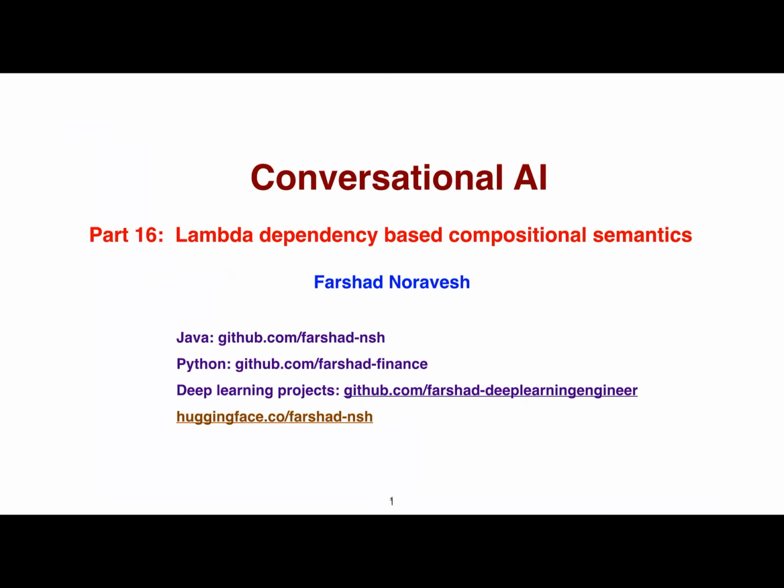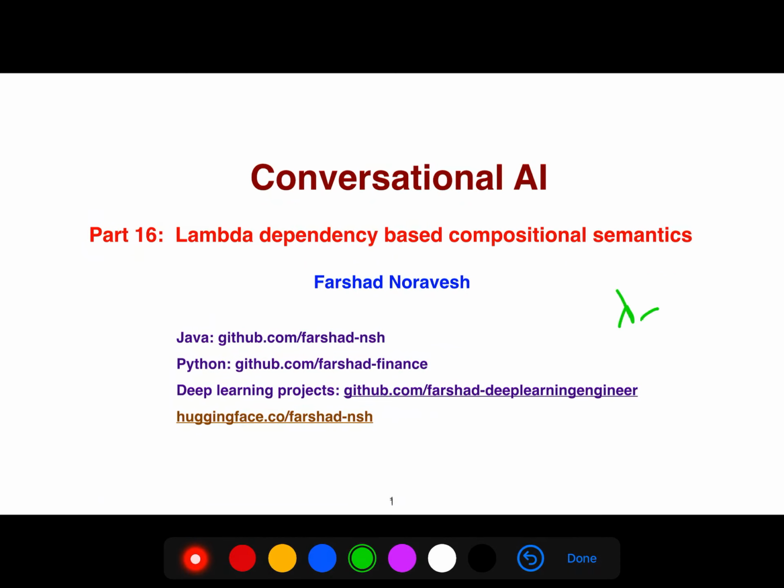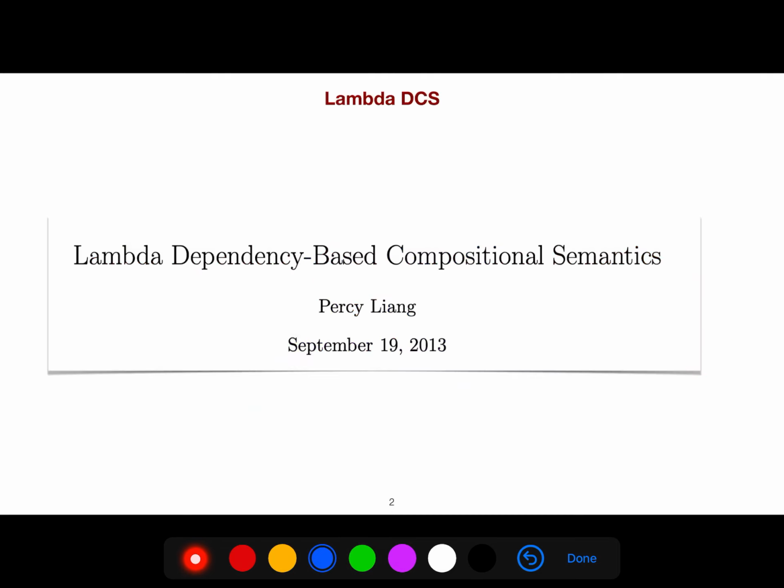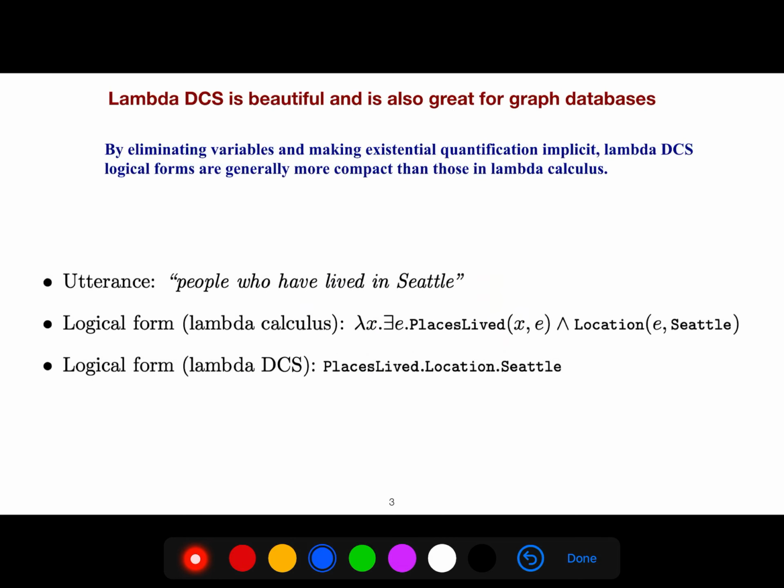Lecture 16 is about Lambda DCS that I promised, because this is the simplification of Lambda calculus. It is written by Percy Liang, the guy who's very good at question answering, semantic parsing, natural language processing, and those things.